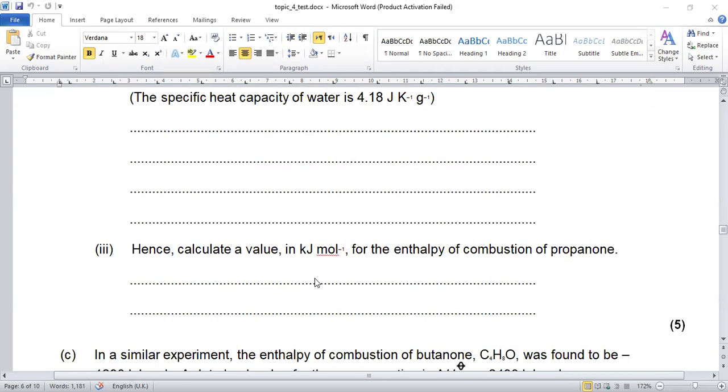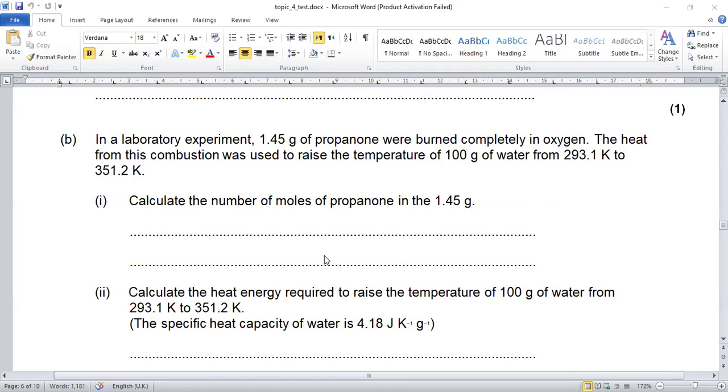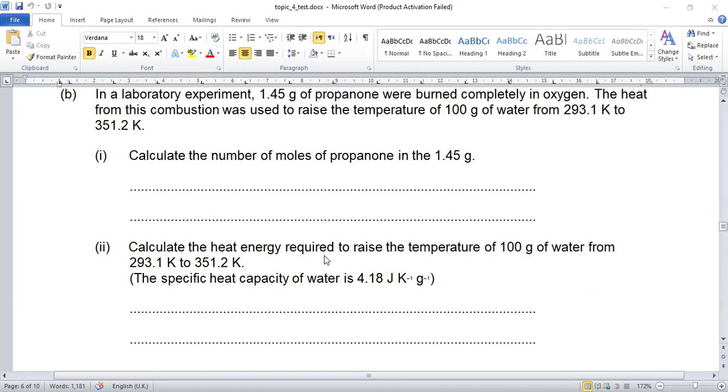Hence, calculate the value in kilojoule per mole for the enthalpy of combustion of propanol. This Q, which you calculated, is the amount of enthalpy absorbed by water. It's the same as what is released from the same mass of propanol to combust, with the number of moles calculated.